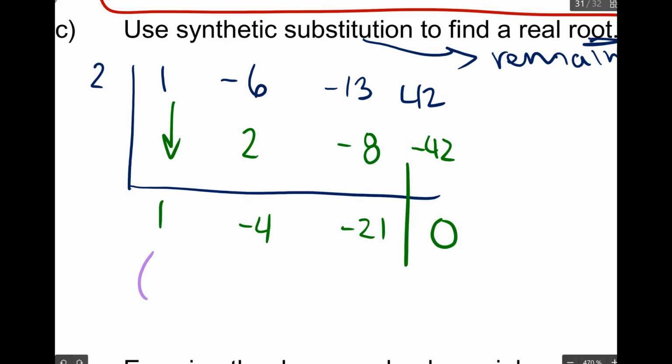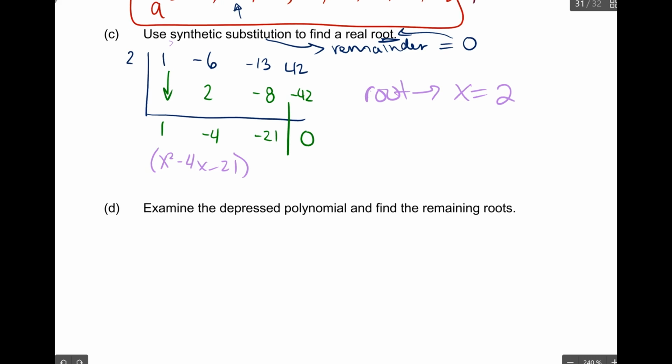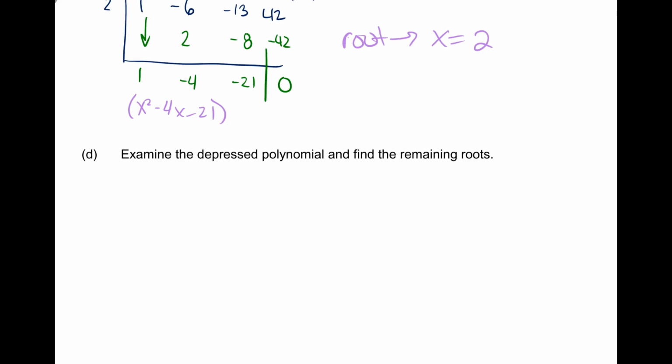Okay, so this corresponds to, since this used to be x to the third, I'm going to have one less exponent down here, so this is going to be x squared minus 4x minus 21. Okay, so I found a root, right? The root I found was x equals 2, and then I found this quadratic x squared minus 4x minus 21.